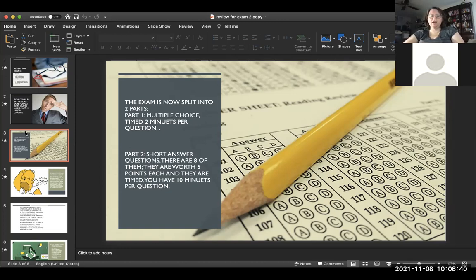Be sure that you do both parts, part A and part B. I don't think I had anybody last test that only did one or the other, but just make sure that you don't accidentally not do one of the parts. So part A is multiple choice and part B is short answer.